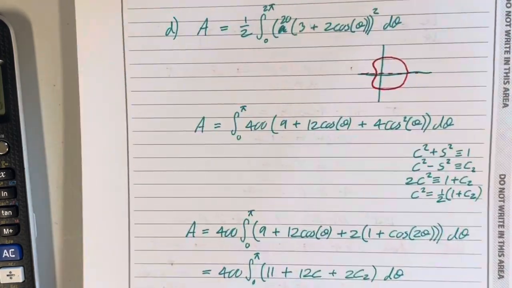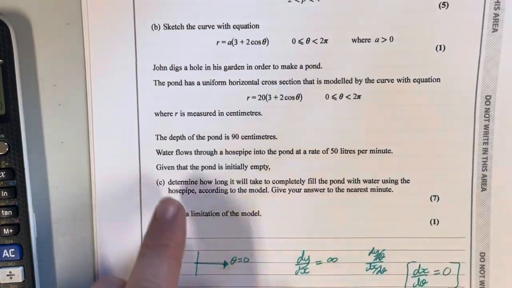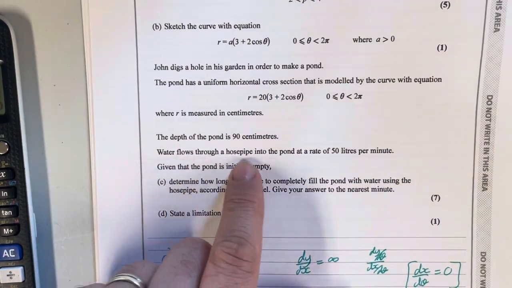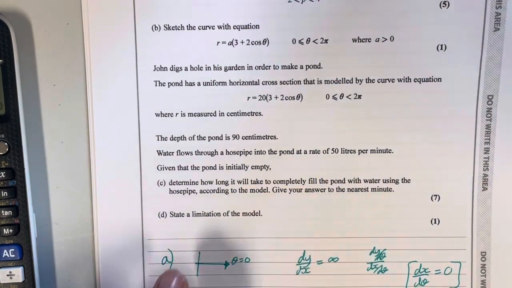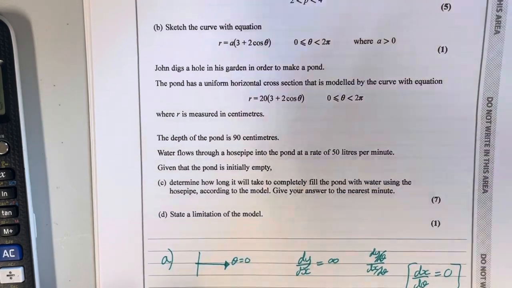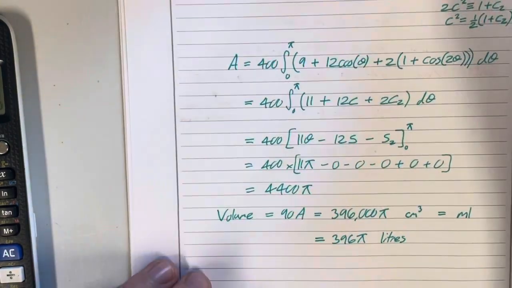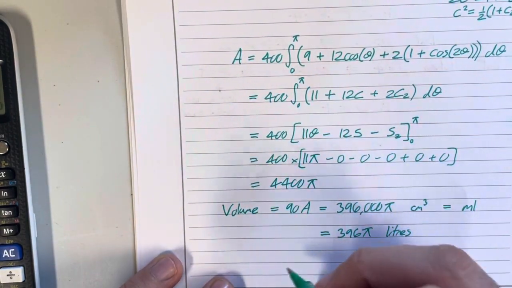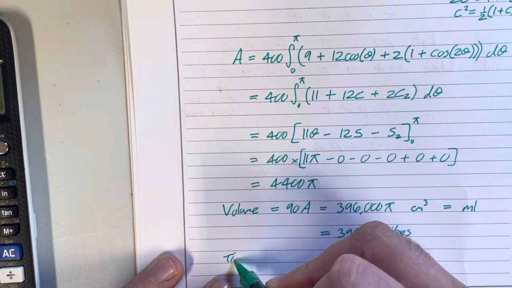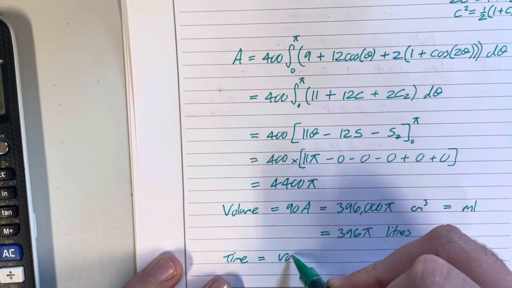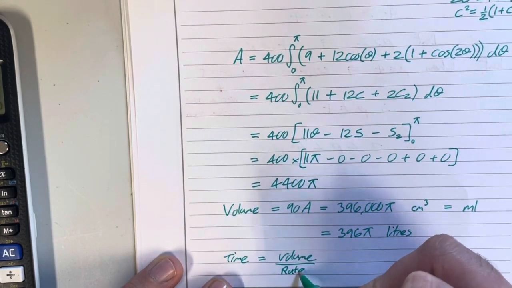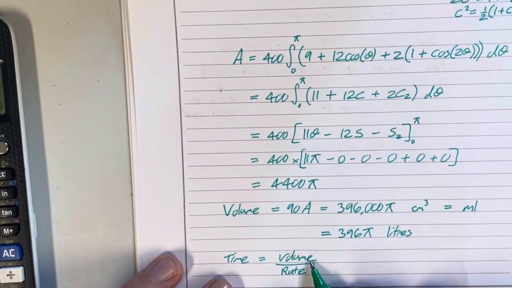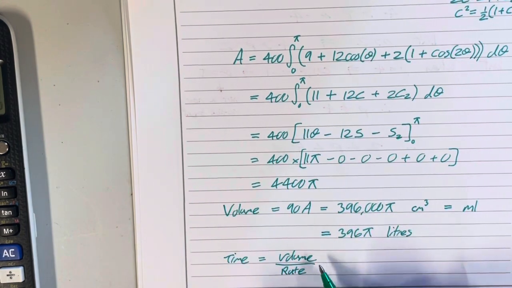Okay, and let's just check back to the flow rate. Water flows through a hose pipe into the pond at a rate of 50 litres a minute. How long will it take to fill the pond? Give me your answer to the nearest minute. Well, the time is going to equal the volume divided by the rate of flow. You can think of the units: this is litres divided by litres per minute.